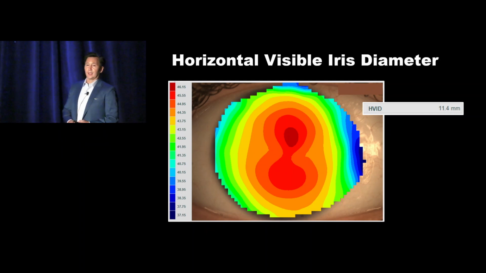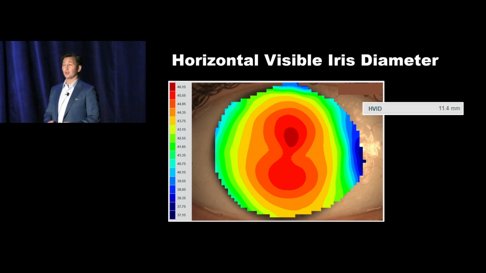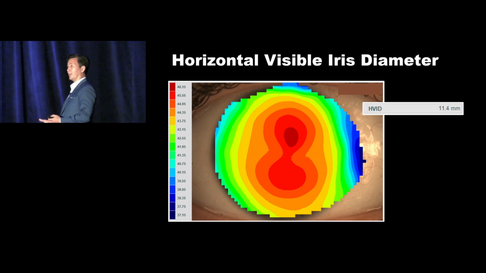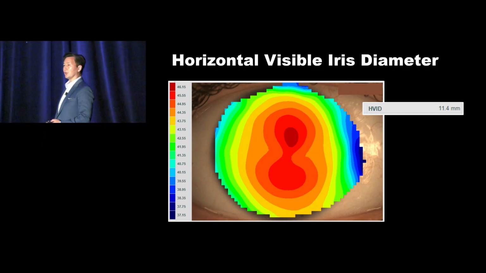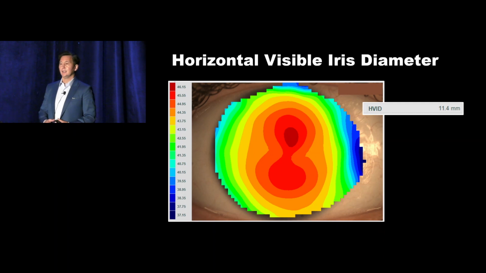Now, visible iris diameter, not so much a candidacy metric, but it's certainly used to guide you on whether you're going big or small in diameter. You may have heard from other speakers, typical construction of lens in terms of diameter is VID less 0.8.